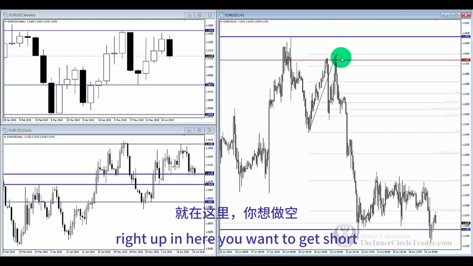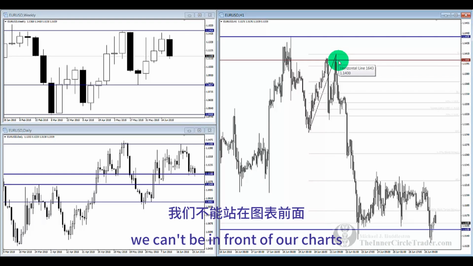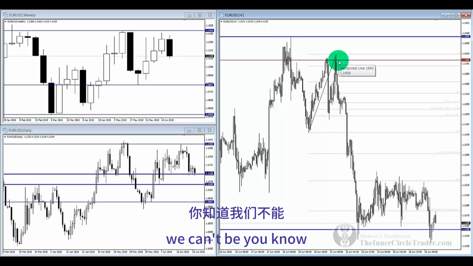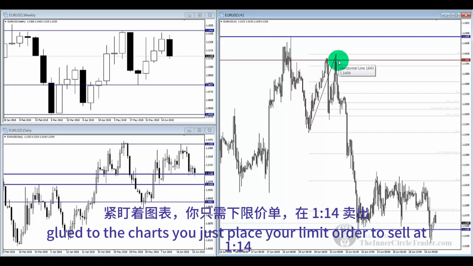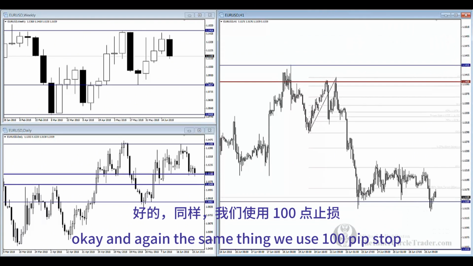You want to get short. What are you getting short at? At 114 big figure. And again, we can't be in front of our charts. We can't be real-time day traders. We can't be glued to the charts. You just place your limit order to sell at 114. Again, same thing, we use a 100 pip stop.